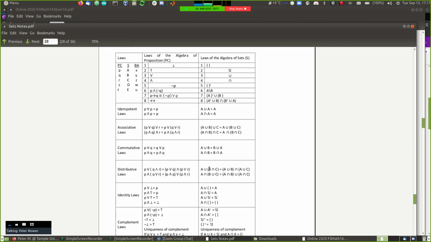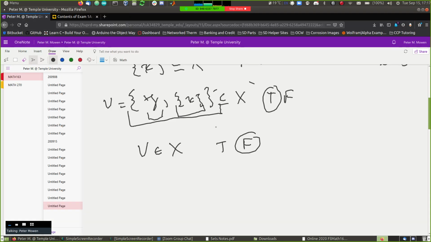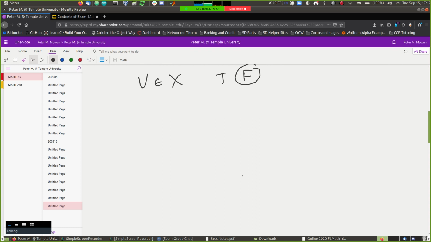Yeah, so A intersect itself is itself. I'm not sure what you mean. So the set containing the empty set, like this.